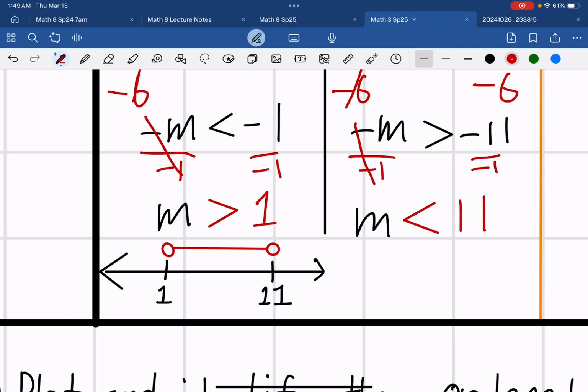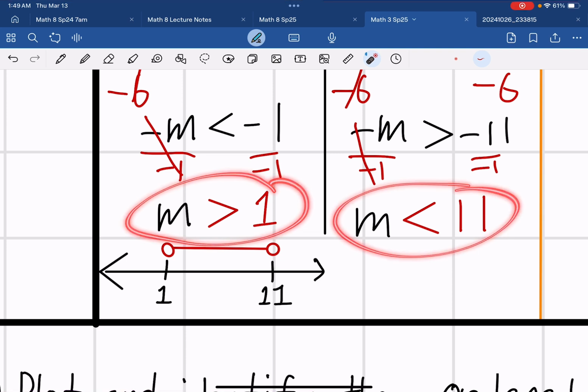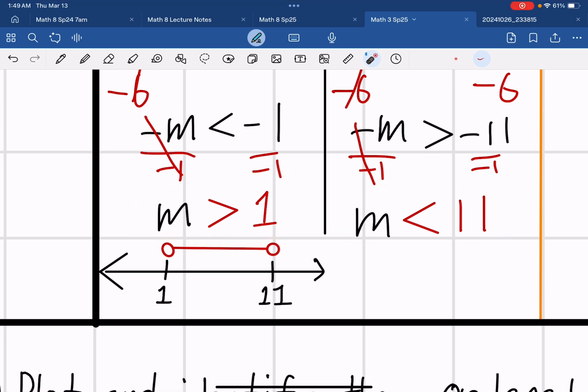And because of this, that tells me that this is a compound inequality. My answer is not two separate inequalities. I am going to have to take those two and rewrite them into just one compound inequality, saying that my variable is bigger than 1 but smaller than 11.